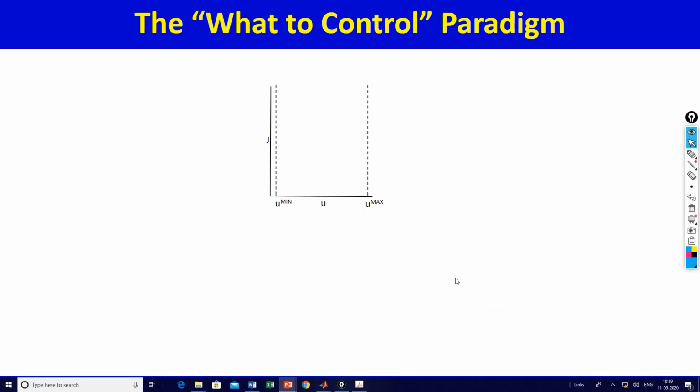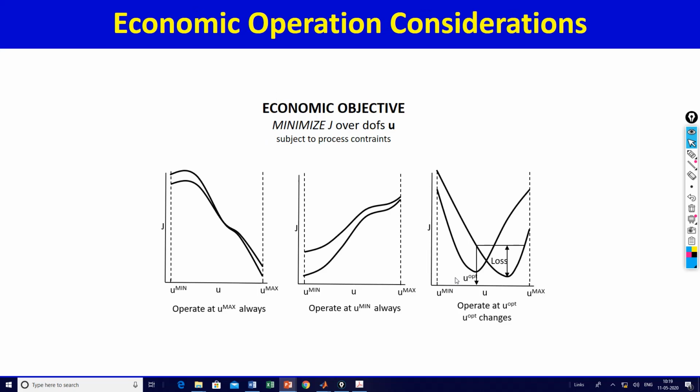Here's a very nice, so this results in the what to control paradigm. So if I say, okay, I want economically optimal operation. So if I know that, okay, with respect to degree of freedom U1, the optimum is always at U max.